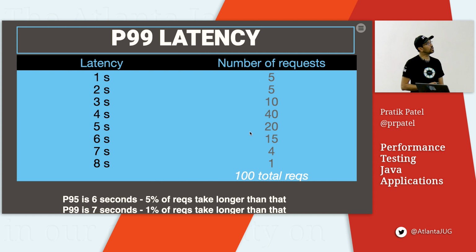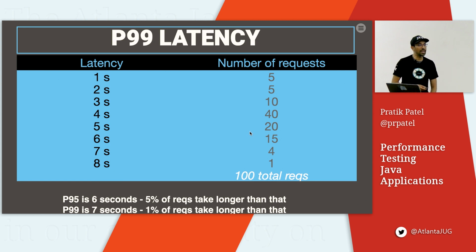On this chart, 5 requests finished under 1 second, and 5 requests also finished under 2 seconds, etc. So if we add those up, that means 10 requests finished under 2 seconds total. Of course, if we go to 3 seconds, that means 20 requests finished under 3 seconds.